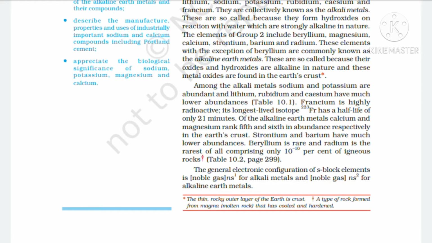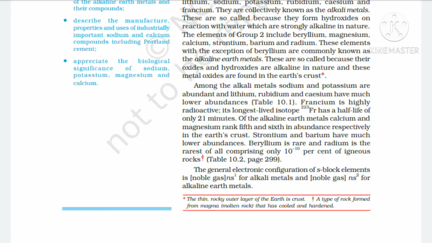Among the alkali metals, sodium and potassium are abundant, and lithium, rubidium and cesium have much lower abundance. Francium is highly radioactive. Its longest-lived isotope, francium-223, has a half-life of only 21 minutes. Of the alkaline earth metals, calcium and magnesium rank 5th and 6th in abundance respectively in the earth's crust.